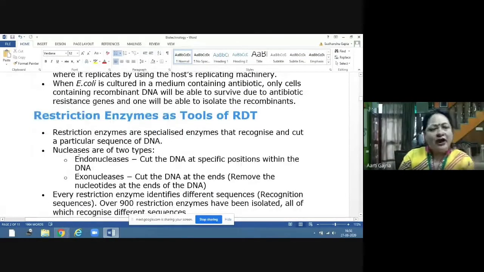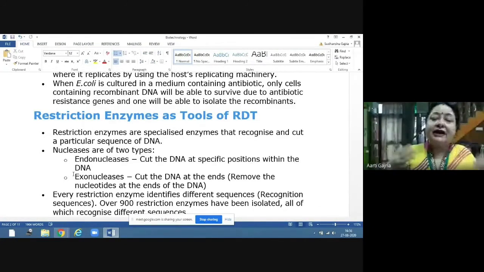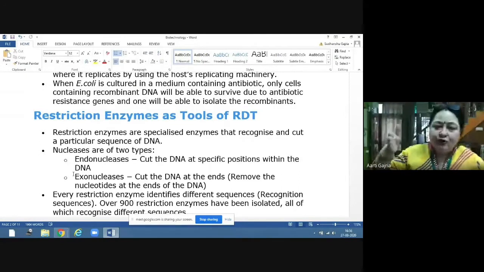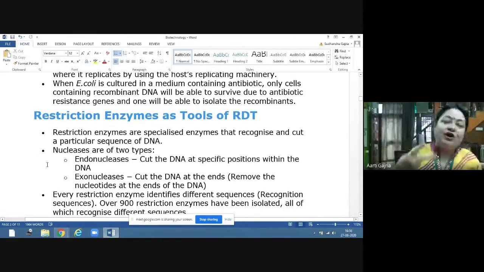Endo, as the name suggests, cuts within the DNA, that means in between the DNA, at specific positions. Whereas exonucleases cut the DNA at the ends. Exo removes the nucleotide at the ends of the DNA. So this is the difference between these two types of nucleases, which are restriction enzymes, also called molecular scissors, because they cut the DNA at a specific location.